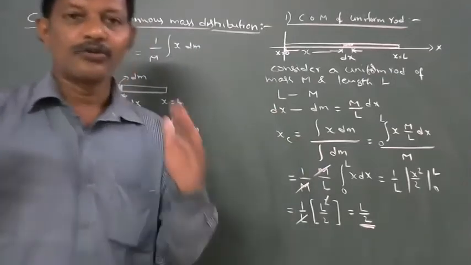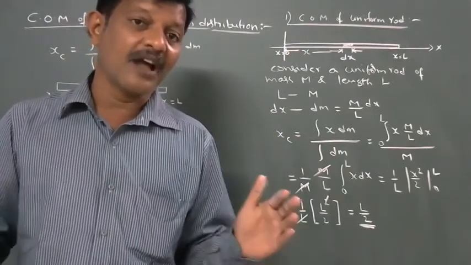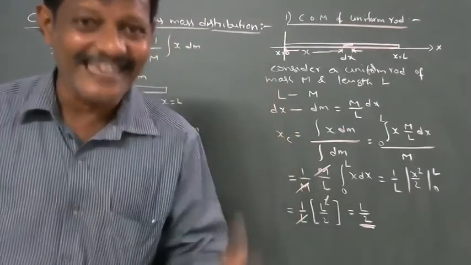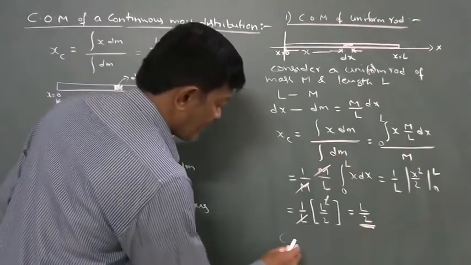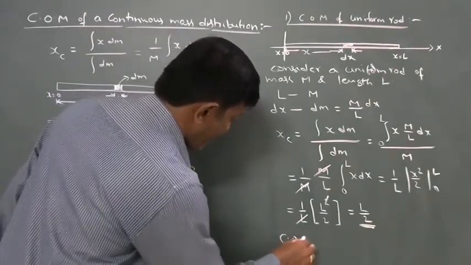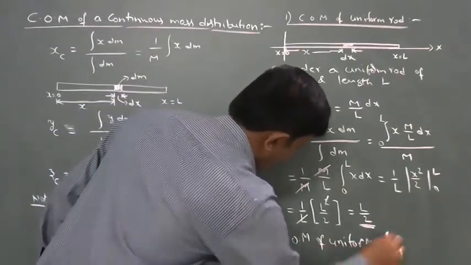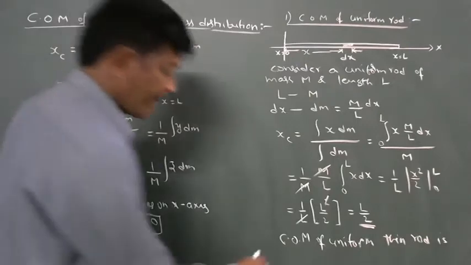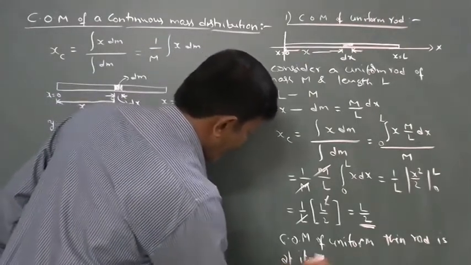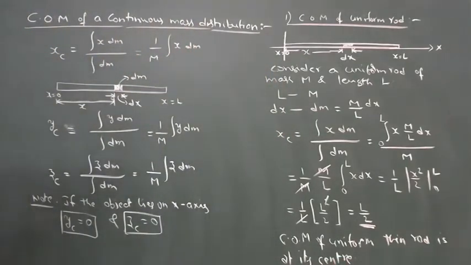So you should remember that the center of mass of a uniform thin rod is located at its center. This is the derivation in the case of a rod.